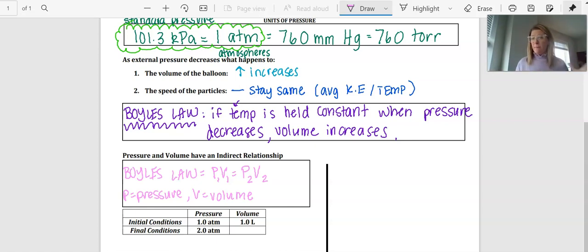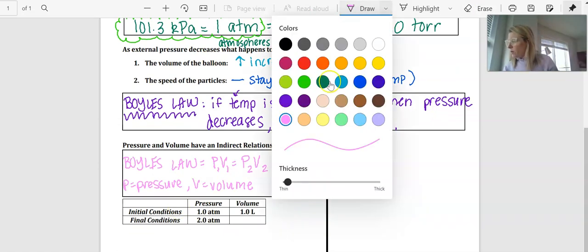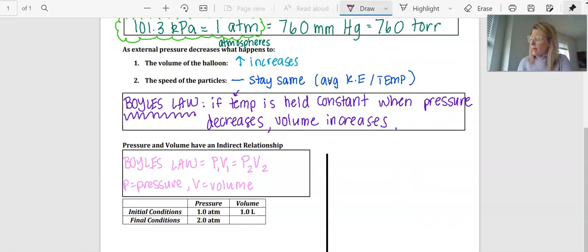So if I change my pressure, then it's going to change my volume. So let's go ahead and represent this mathematically here. Okay, and to just kind of highlight what this would look like. So we have a problem here. So initial conditions, P1 V1 versus P2 V2.